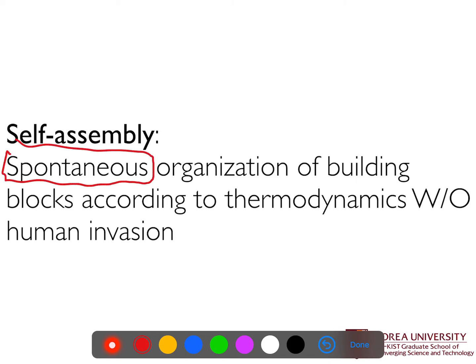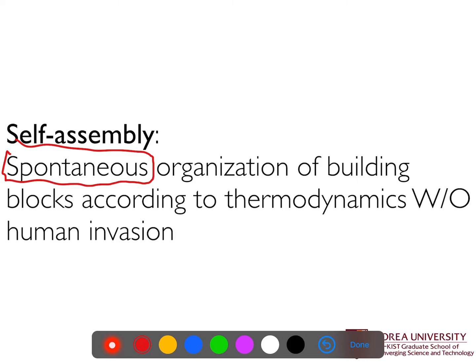Spontaneous organization. Building blocks can range widely from nanoparticles to molecules. It doesn't matter what kind of building block is going to be assembled here, but first we need to focus on the spontaneous organization. What that means is that each building block is going to be assembled by themselves.